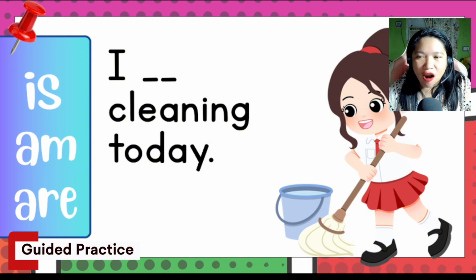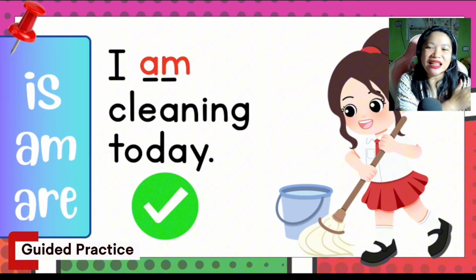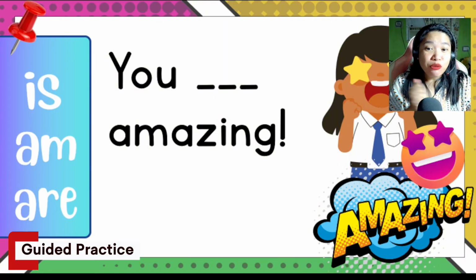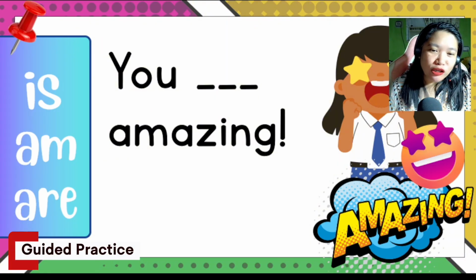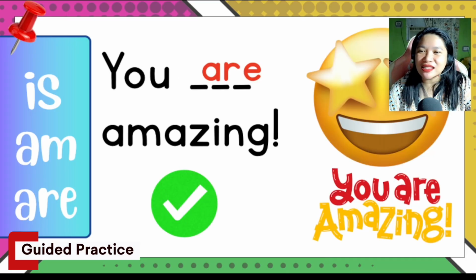Correct. The right answer is I am cleaning today. Very good, David. The last one. You blank amazing. Very good, Mark. The right answer is are. You are amazing. Great job, everyone. You did very well.